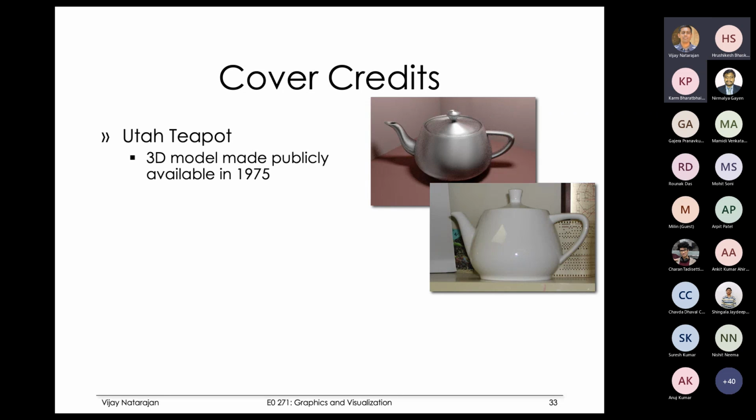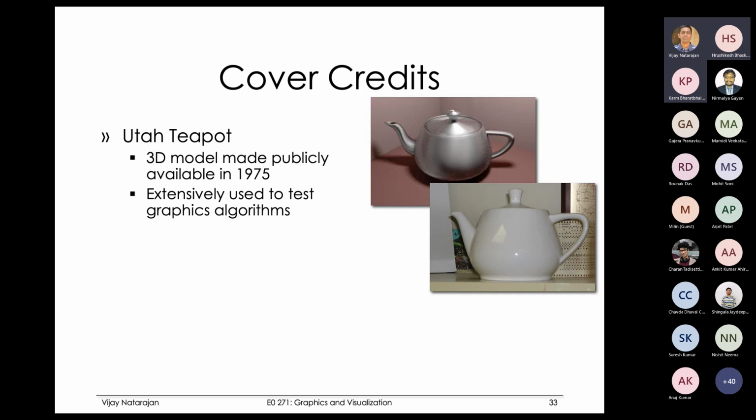This was actually one of the teapots that inspired Newell, who was a pioneer in graphics and geometric modeling, to generate a 3D representation of a model. He took this teapot, made measurements physically, and represented the surface of this teapot using a quadric, a higher order surface. He made that available in 1975 to the research community.